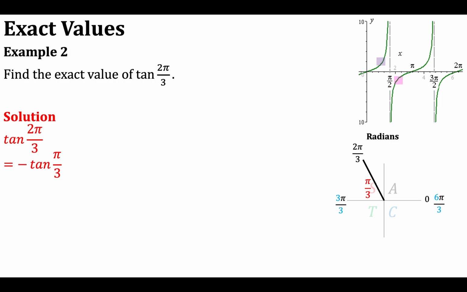Now, it's tan, which in this second quadrant here, tan is negative. So it's negative tan pi over 3, which I had from the graph anyway. Now tan of pi over 3, in my head I'm thinking, that's tan 60, which is root 3. Okay, so that must be negative root 3 then.